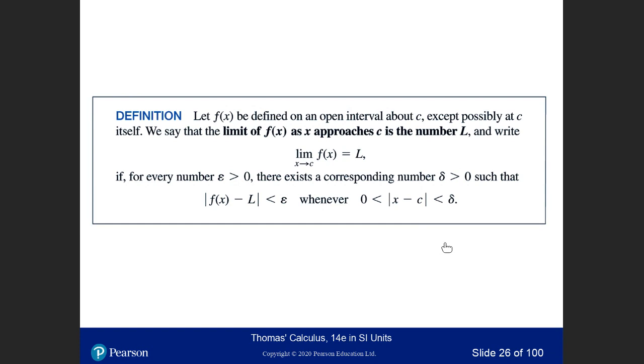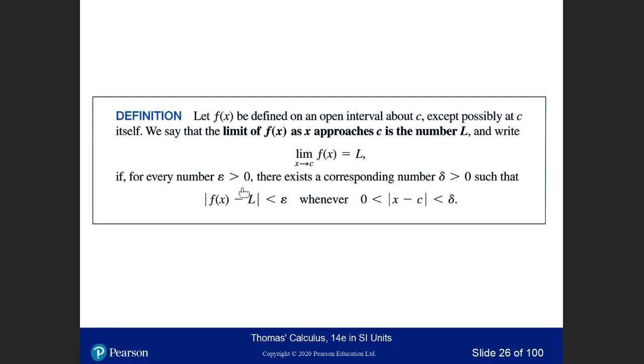Let f of x be defined on an open interval about c, except possibly at c itself. That means f of x may or may not be defined at c, I don't care. We say that the limit of f of x as x approaches c is the number L, and write limit of f of x as x approaches c is equal to L. Now, what's the condition?